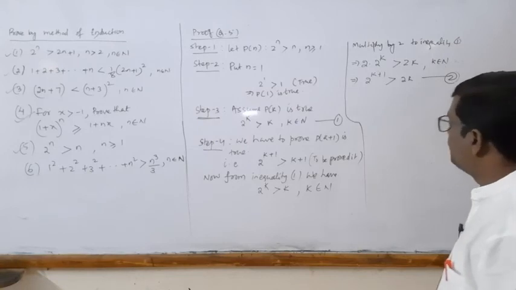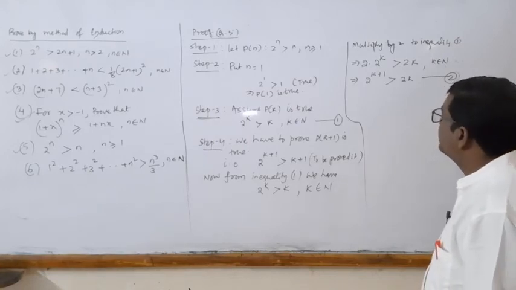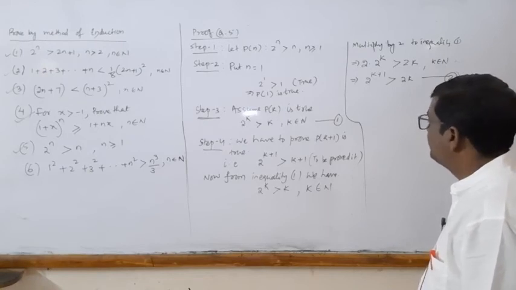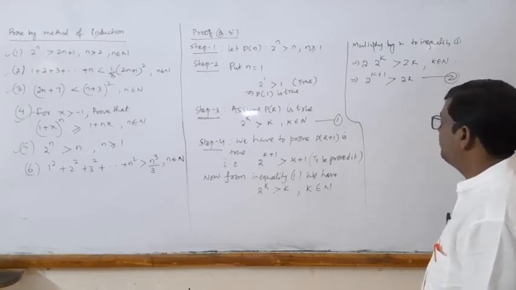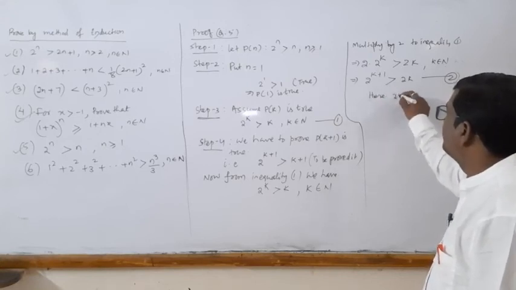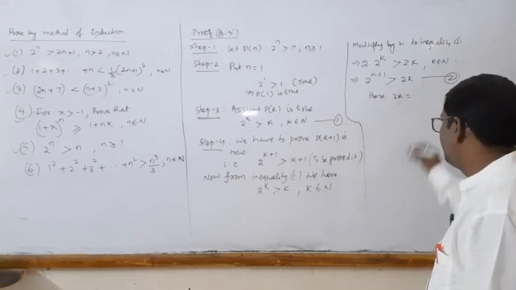Now 2k is always greater than what? Here 2k is equal to k plus k.